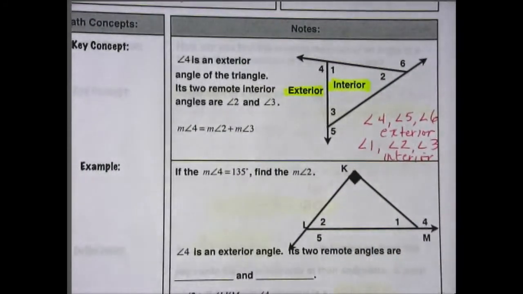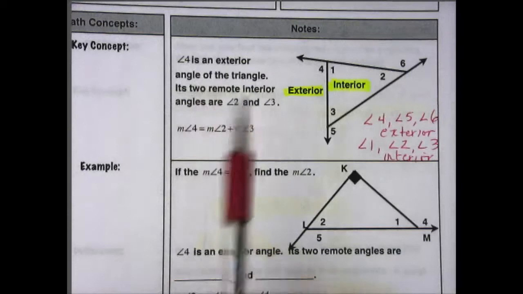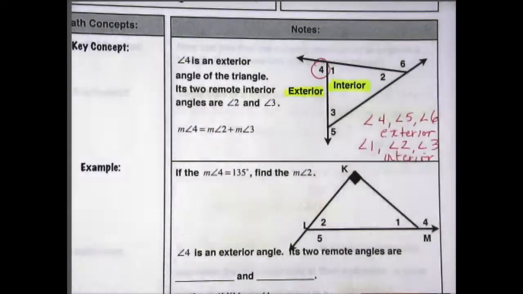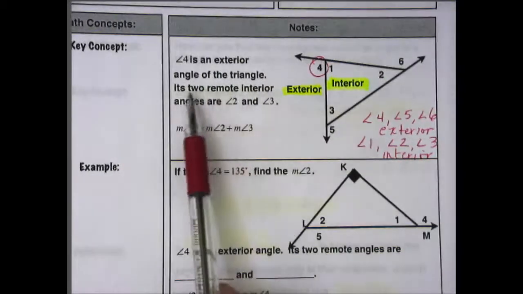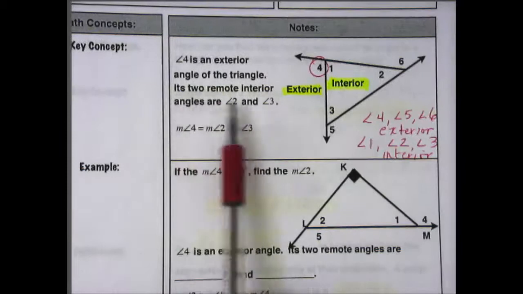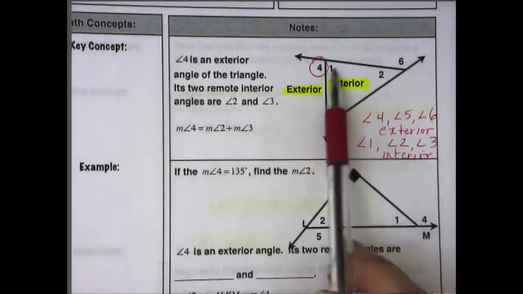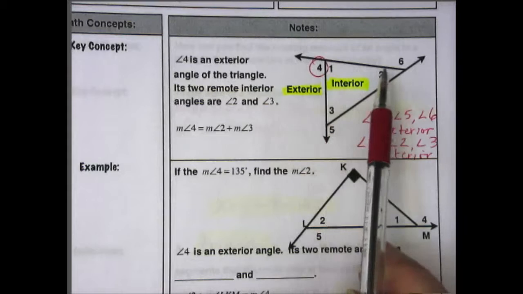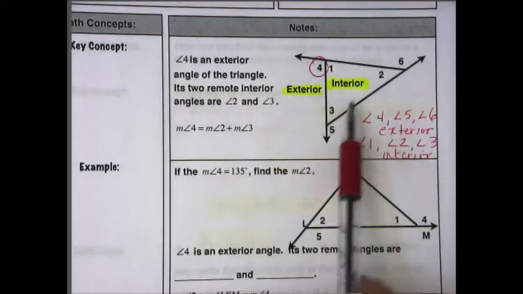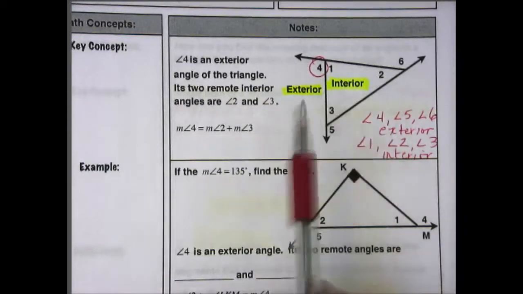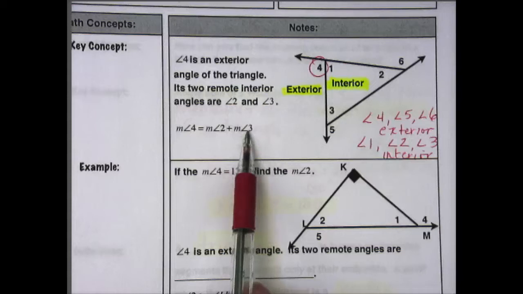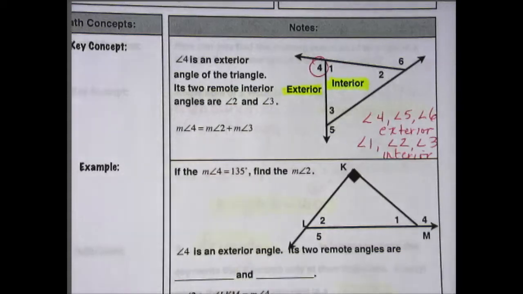So what we want to do is look at what it says. It says angle 4 is an exterior angle. So let's just circle angle 4. Its two remote interior angles are angles 2 and 3. Now remember we said it can't be 1 because they are adjacent, they touch. So 2 and 3 are the remote interior angles, and if I add the measure of angle 2 and the measure of angle 3, I get the measure of angle 4.